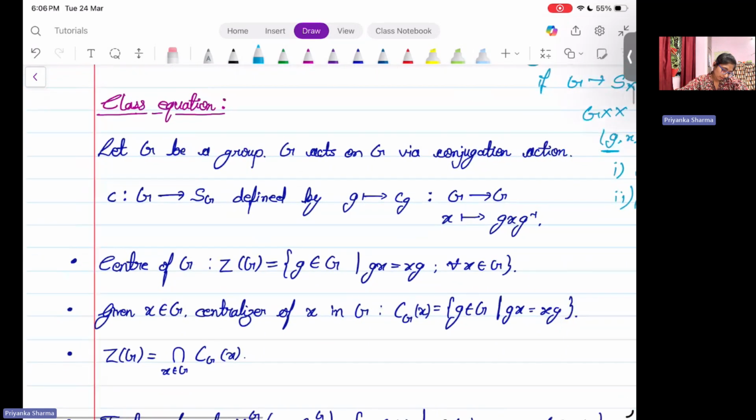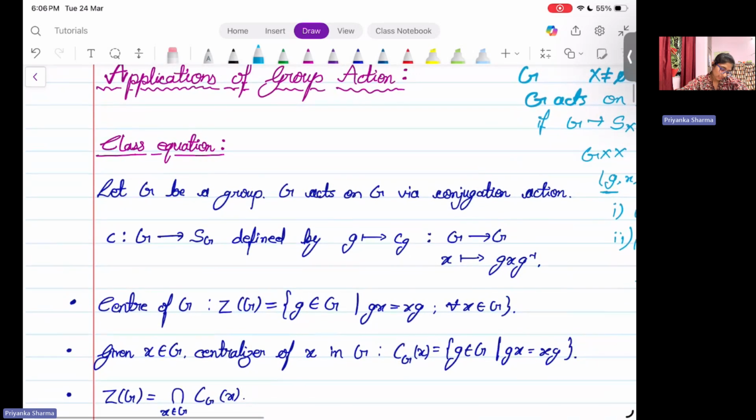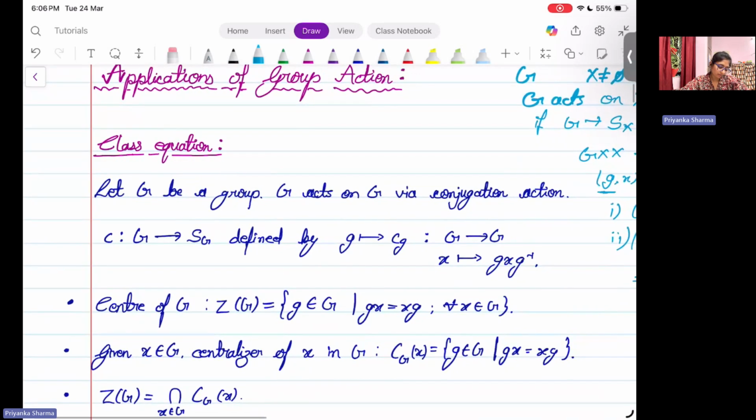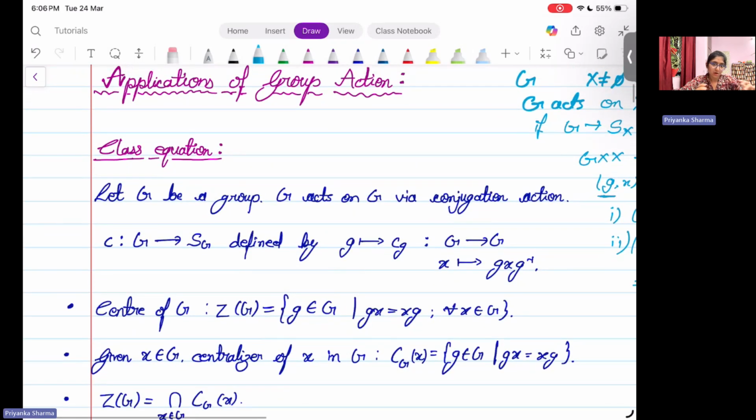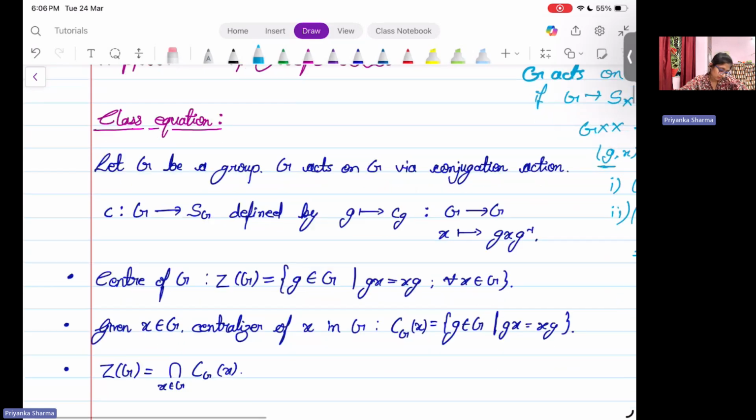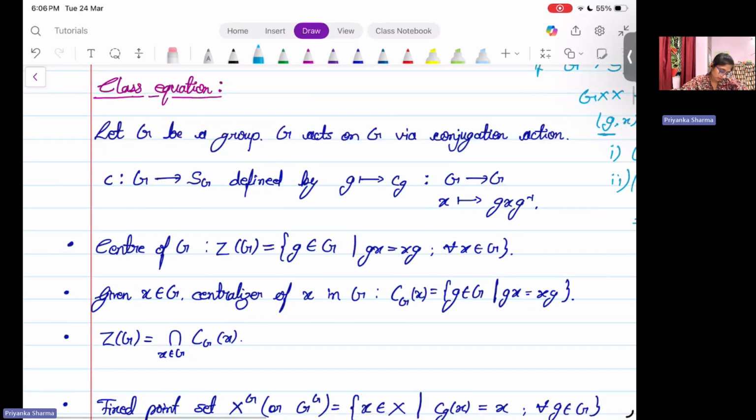Now we discuss the class equation, which is an important application of this group action. Whenever we use conjugation as the group action, we get the class equation. Suppose we have a group G, and this G acts on G itself, that is, G and the non-empty set X are the same, and G acts on itself via the conjugation action.